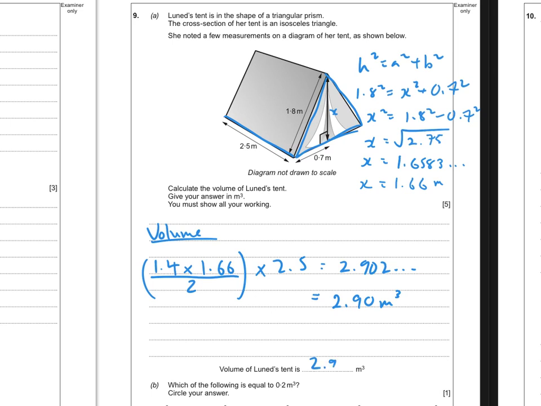So any answers between 2.9 to 2.98 would be acceptable. Even 3 cubic meters would be acceptable if your workings beforehand were accurate.